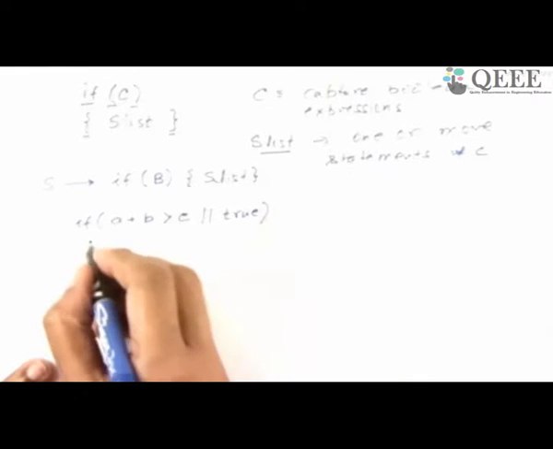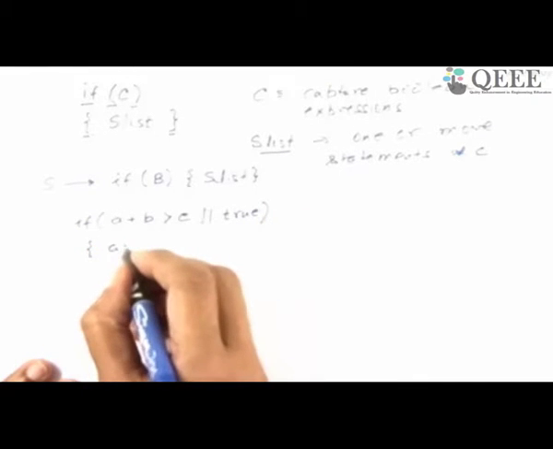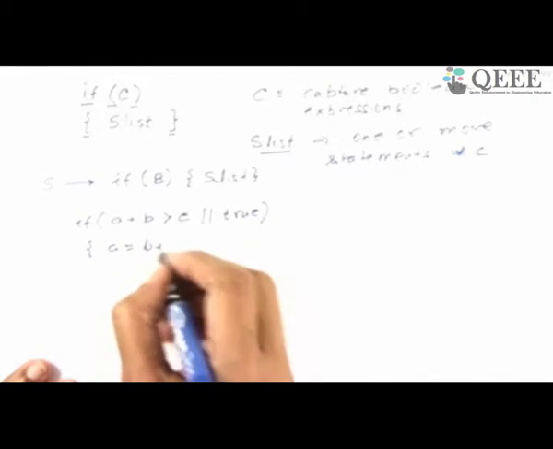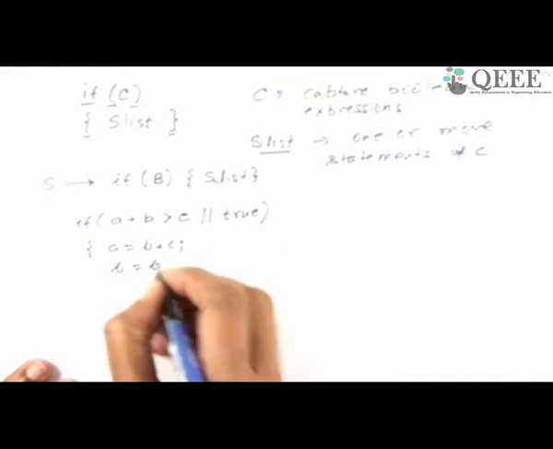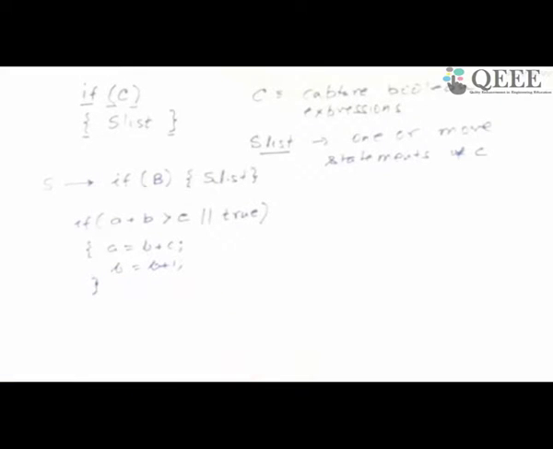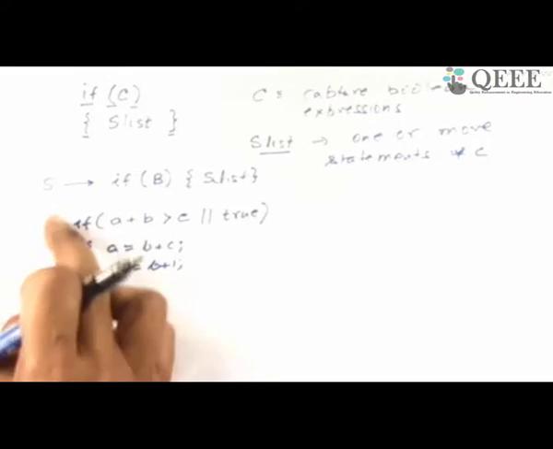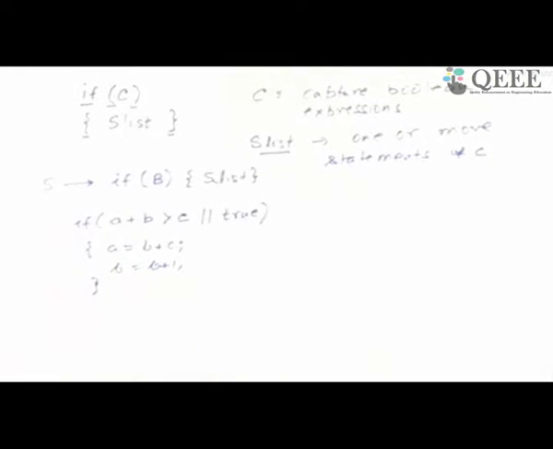Then A is assigned B plus C. Maybe B is assigned B plus 1, and that's it. So this is my statement in the original C code which somebody has written in the source code, and along with you, we are trying to figure out what is to be done to translate this. So this is my source code.